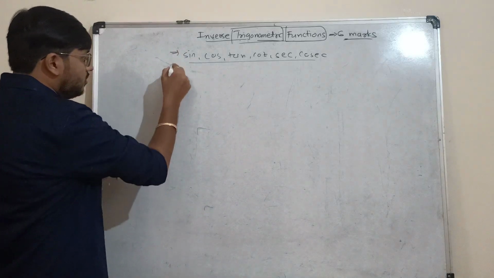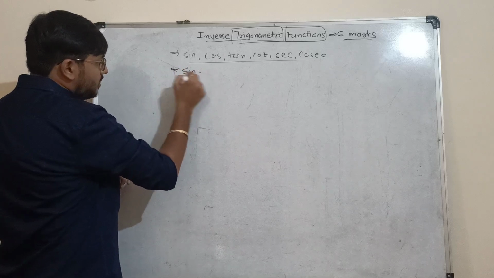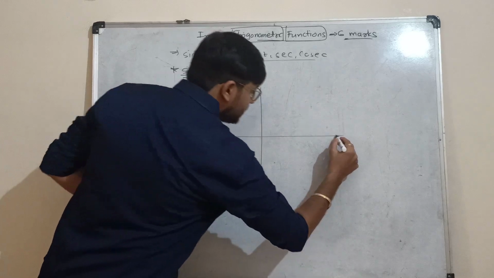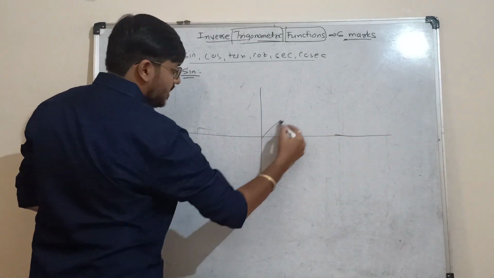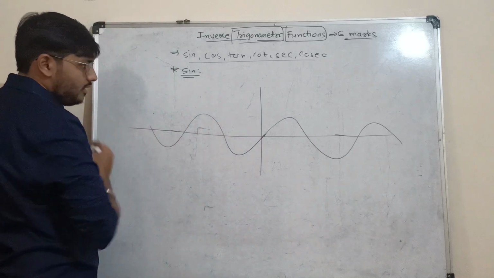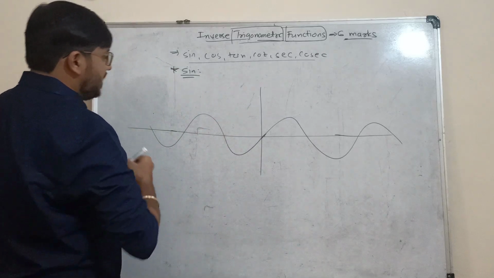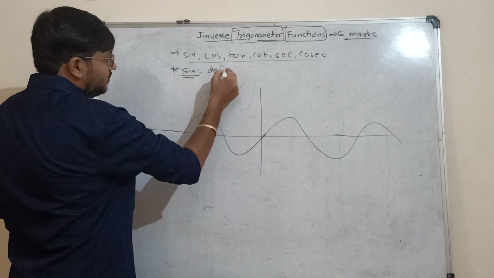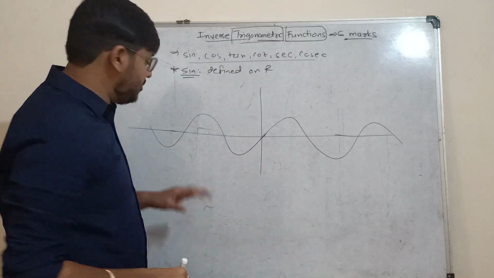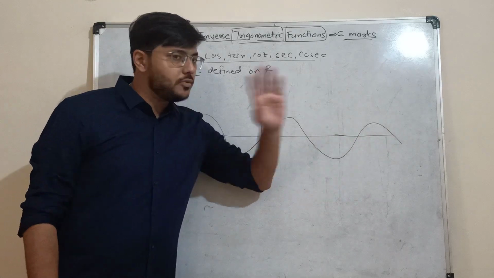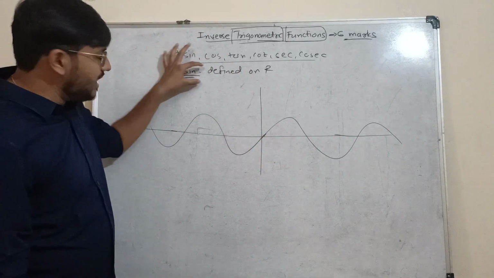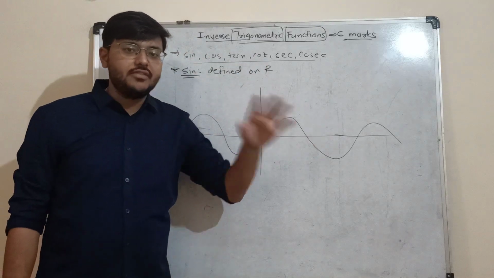We all know y equals sine x, the graph of the sine x function. Just be careful and understand the whole graph. We all know that this is the kind of graph of sine x, right? Now we all know that sine is defined on R. That means from minus infinity to infinity, if you put any value of x from the domain R, we'll get an answer for every value.